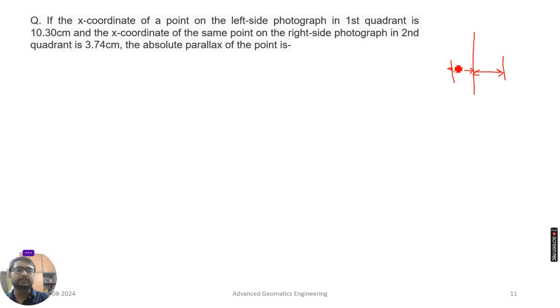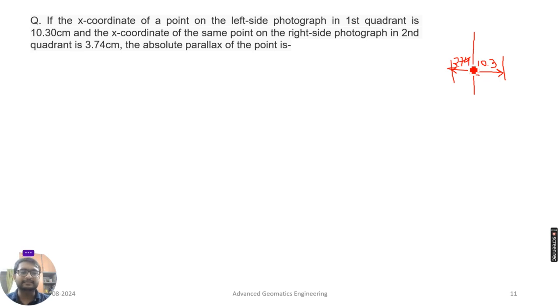So what is the parallax being created over here for this point? We have this 10.3, and the other is 3.74. Can you calculate the absolute parallax which we can see over here? 14.04.